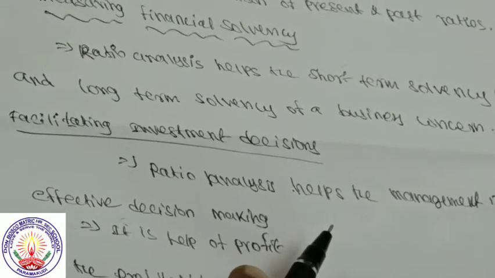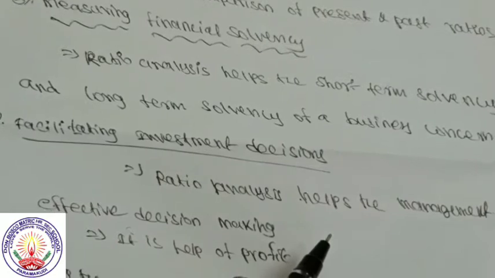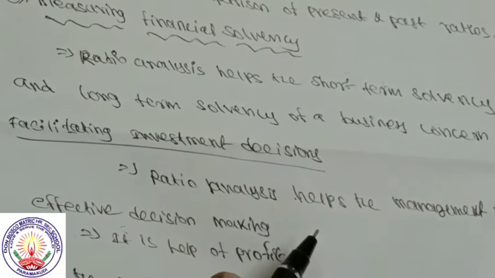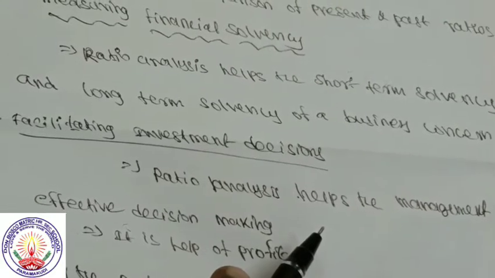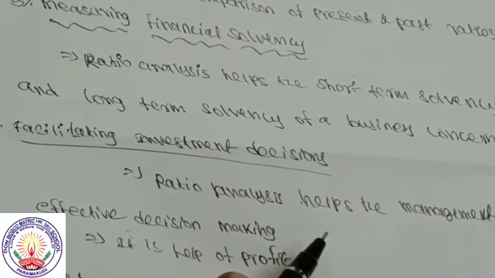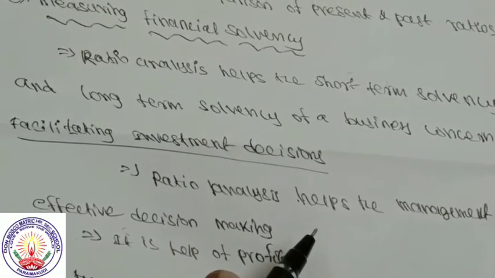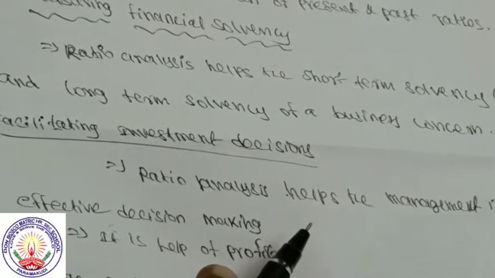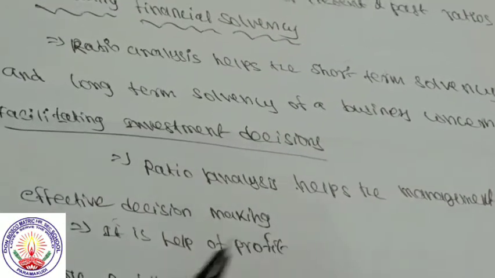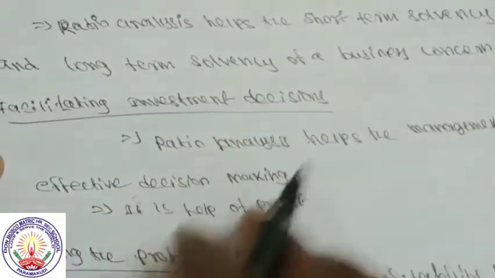Suppose this year you make more profit or more loss, or a medium profit or medium loss. Whatever the plan for the future and what is implemented, ratio analysis helps management make effective decisions for more profit for the company.